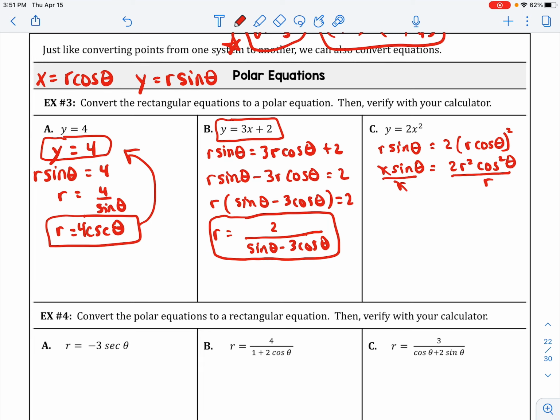So we're going to divide by r on both sides. This one goes away. Sine theta equals 2r cosine squared theta, right? Because one of those goes away. And then we solve for r. So we're going to be dividing by 2 cosine squared theta on both sides.